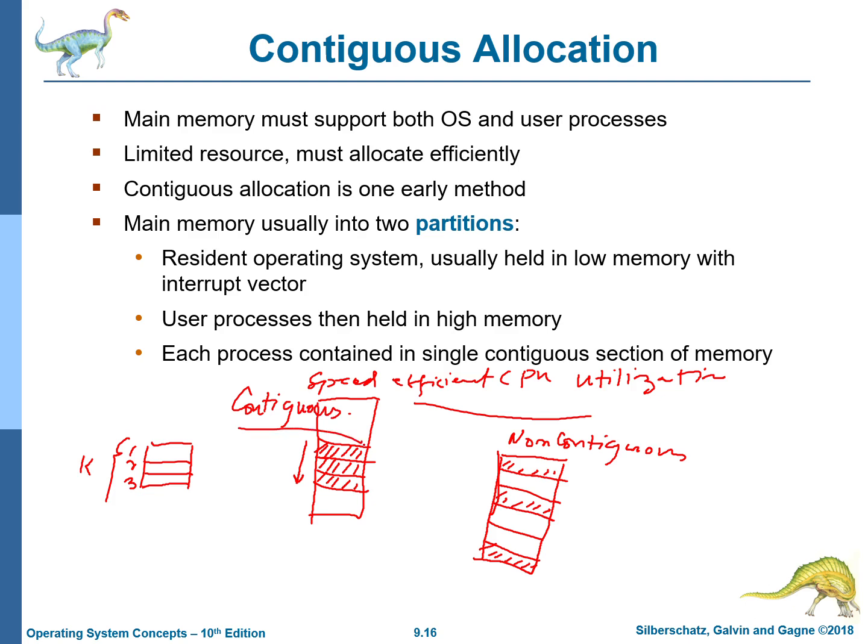The contiguous type of memory must be supported by both the operating system and the user program, and limited resources must be allocated efficiently. And there are also two main partitions. Now we come to the single partition and the multiple partitions.